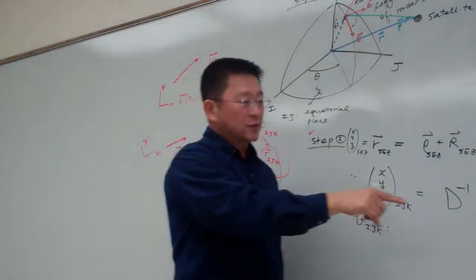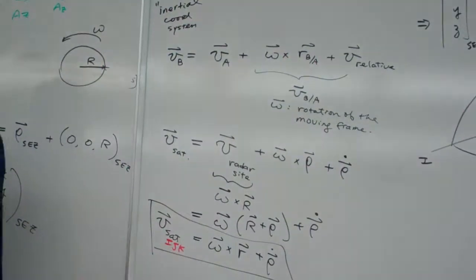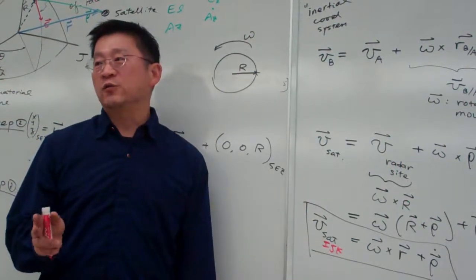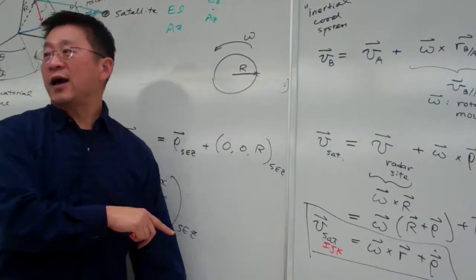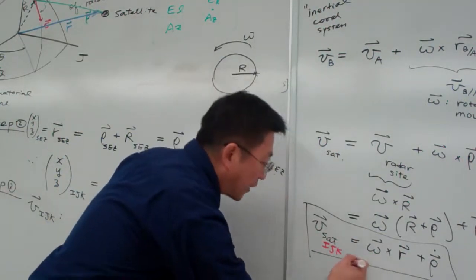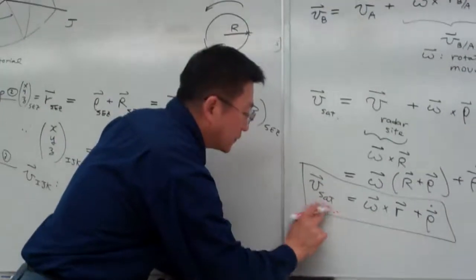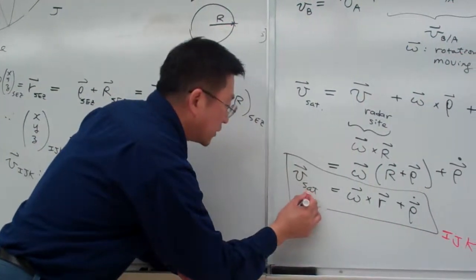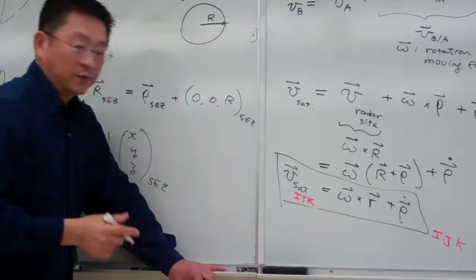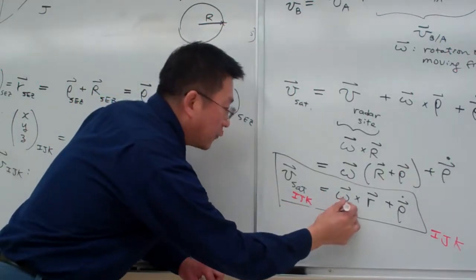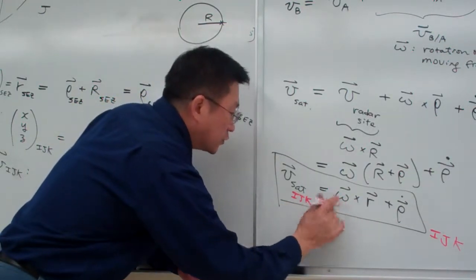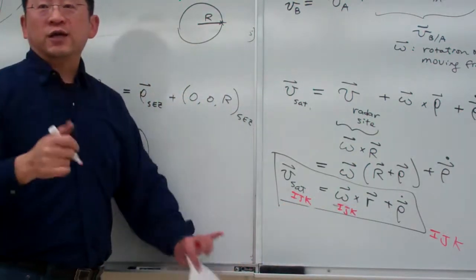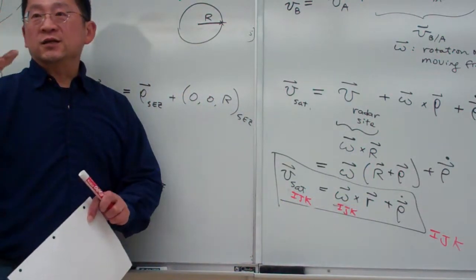The same reasoning applies here. If we have this vector and wish to describe it in any coordinate system, we can always do it. So here I simply assign that I want to express this in ijk. That means individually I wish the components to be in ijk. So once you determine omega, that should be the rotation of the Earth expressed in terms of ijk.